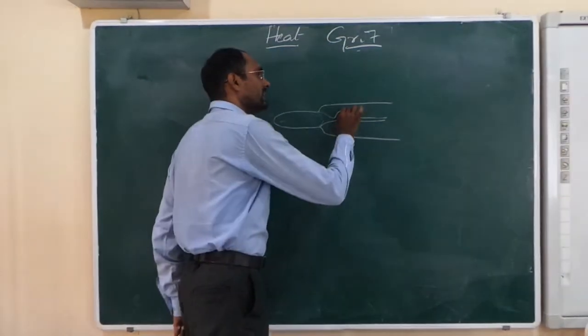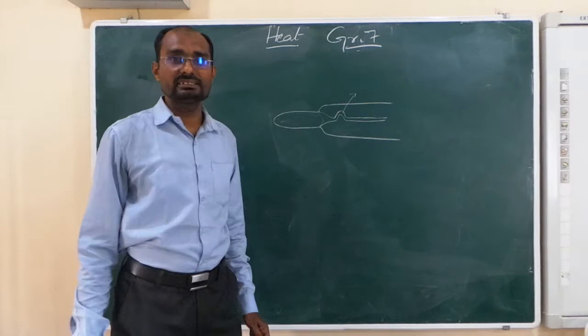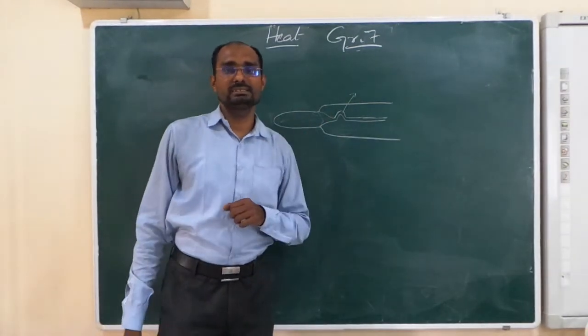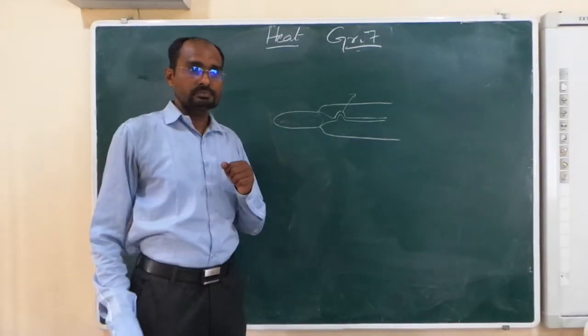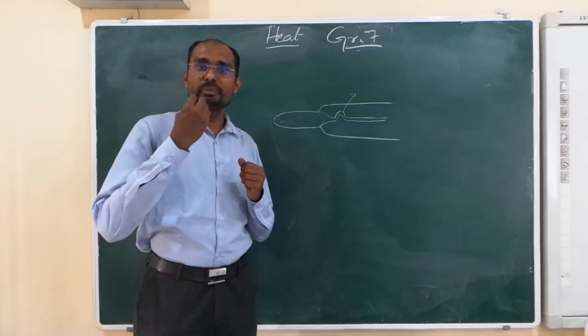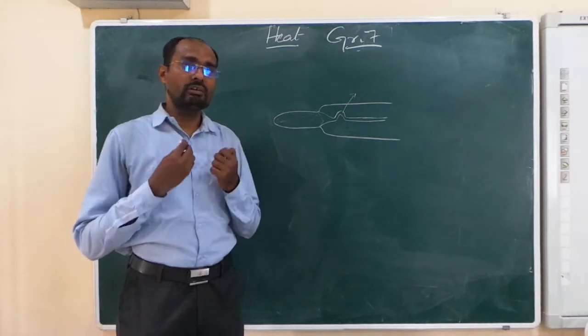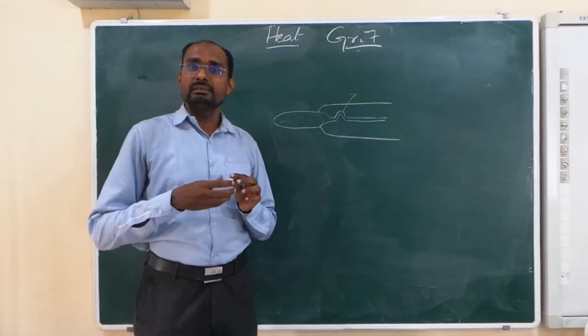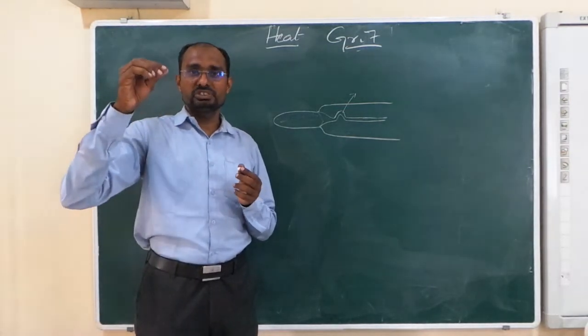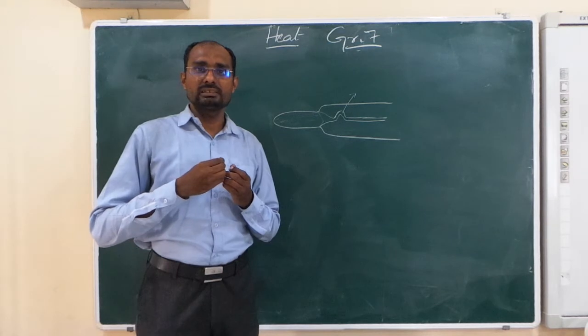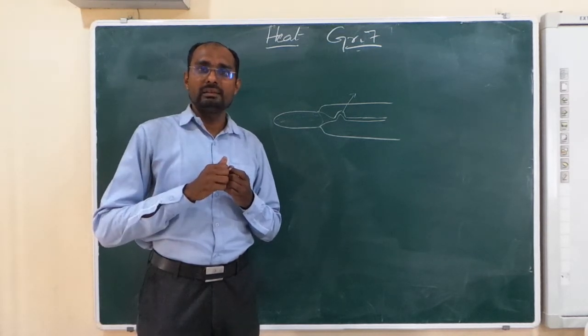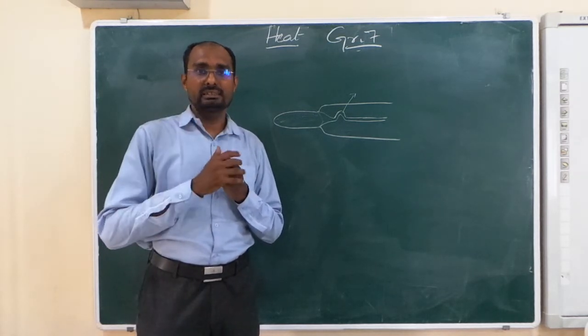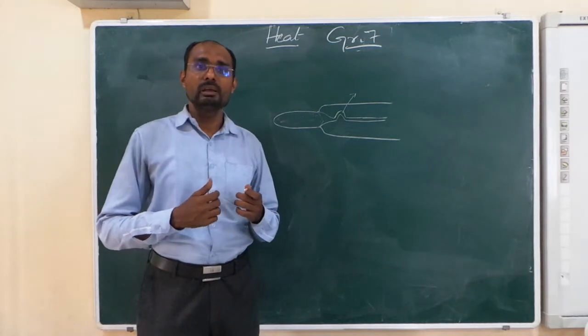Now, why is this bending present? Why is that nick present? See, when we put the thermometer in our mouth under the tongue to know our body temperature, and we take it out to check the temperature, it may take a while for us to read it.